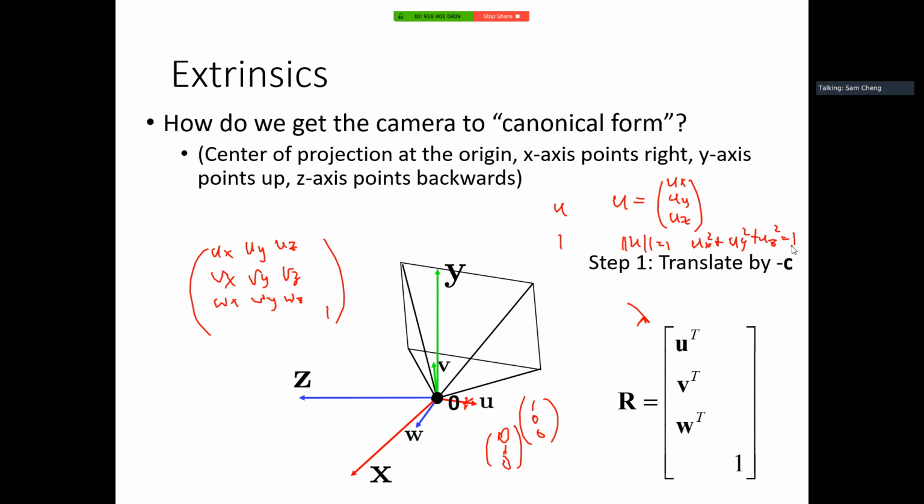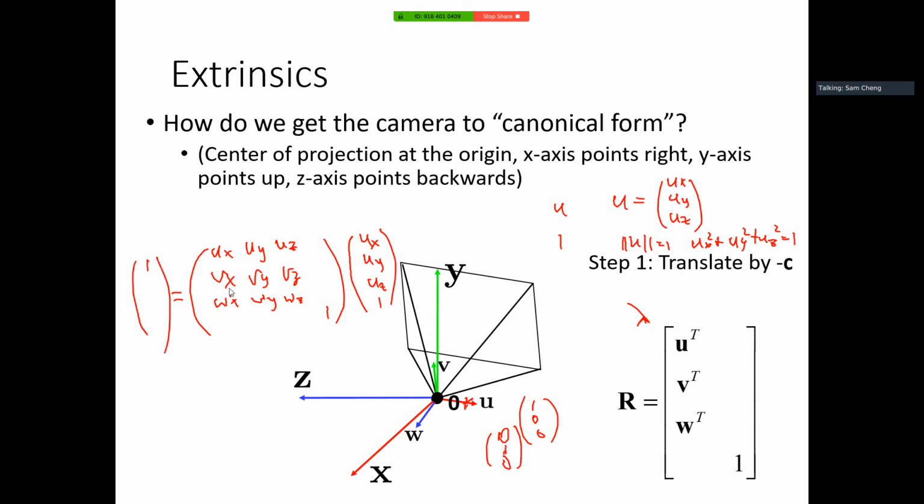That's expected because that's the axis, right? So if I multiply by this point, ux, uy, uz, multiplied together is equal to 1, so therefore this one I should get 1, right?